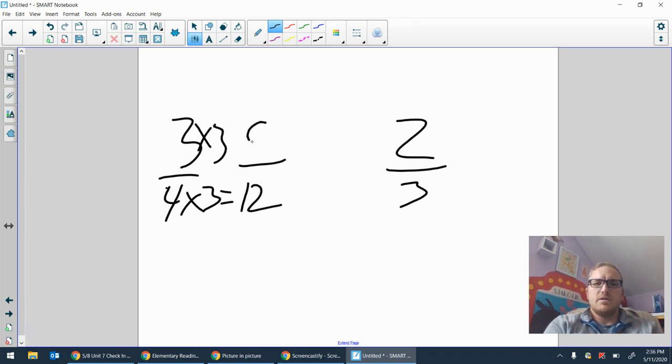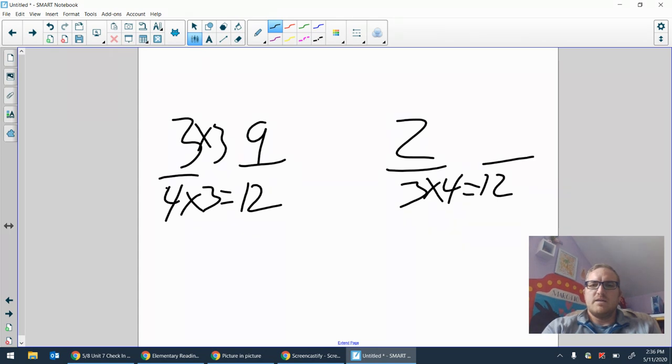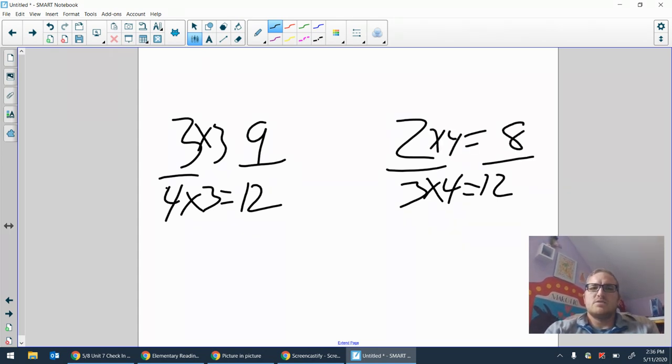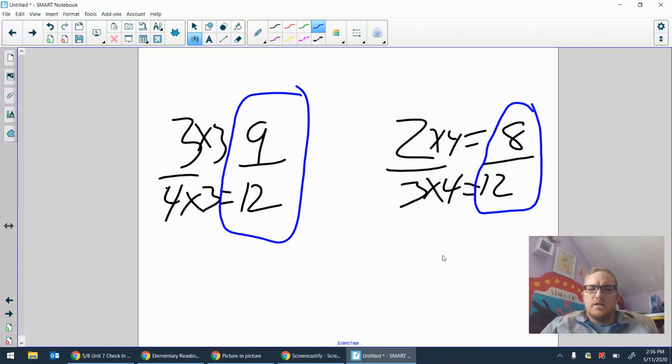So times 3, and that's 9. And then the lovely Mrs. Clausen, we're going to multiply her bottom by 4, which gets us to 12 again. And then times 4 on top, which gets us to 8. So our new fractions, 9/12 for me, 8/12 for her. I clearly pigged out an eighth more than she did.